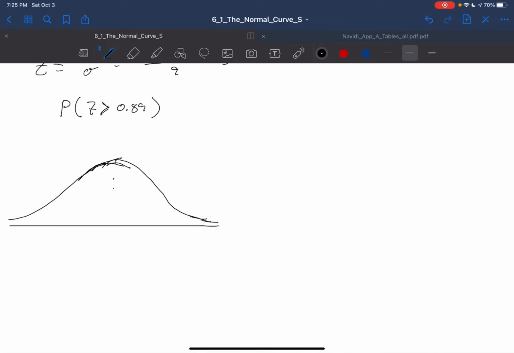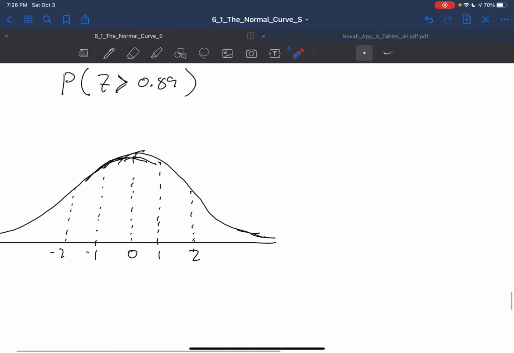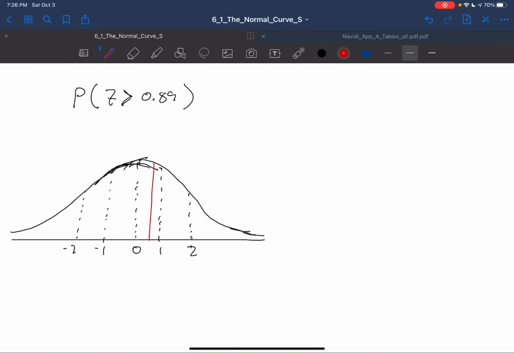This has a mean of 0 and standard deviation of 1. So this is -1. This is -2. This is 2. We want to find where z is 0.89, which is somewhere around here. And we know that we need to find the area to the right of this value.